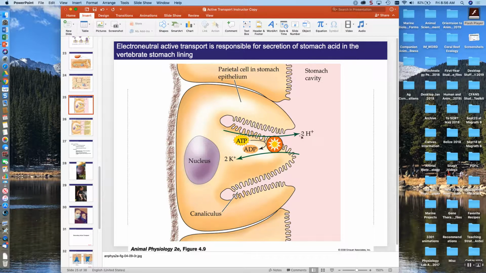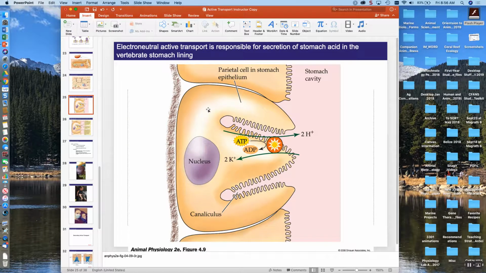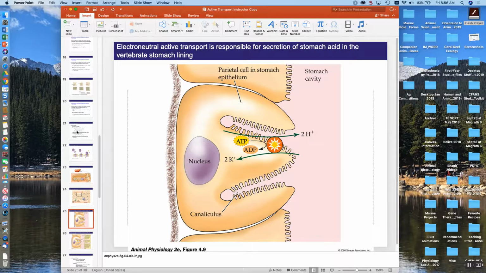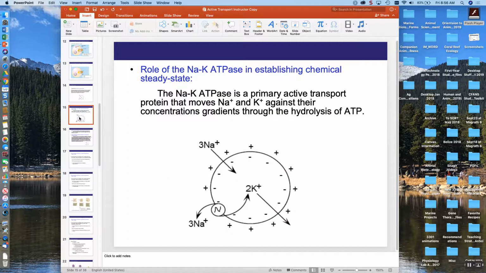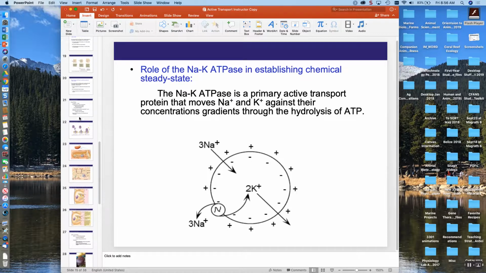This primary active transporter, because it does use ATP, is transporting the same amount of charge in one direction as the other direction. So it is considered electroneutral, unlike our sodium-potassium ATPase that is electrogenic, because there's one net charge that's moving.